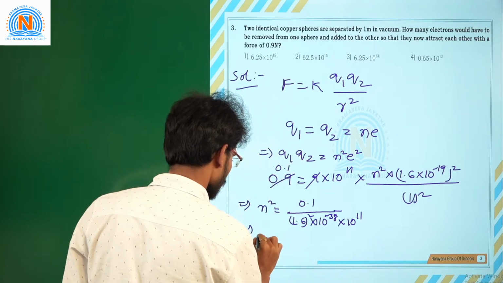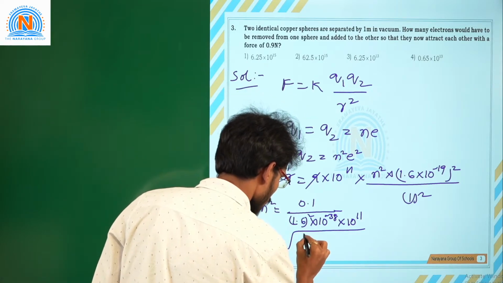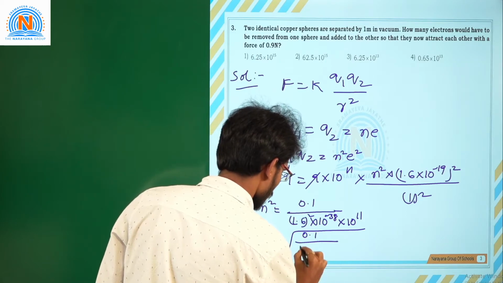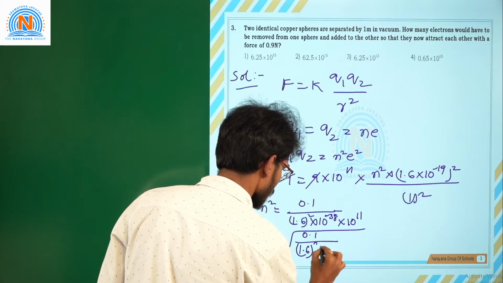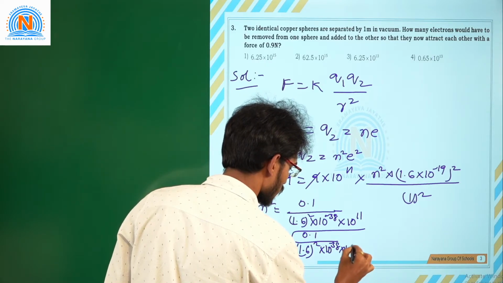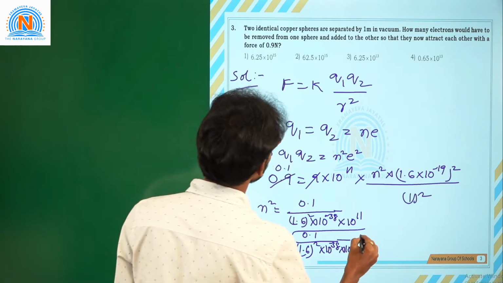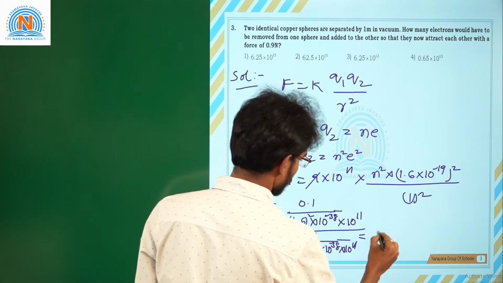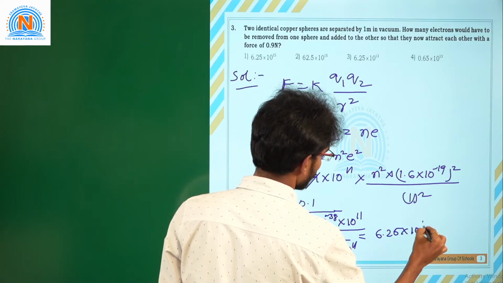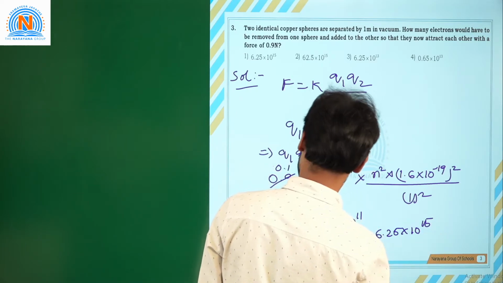Now N is equal to the square root of 0.1 by 1.6 whole square into 10 power minus 38 into 10 power 11. This value is approximately 6.25 into 10 to the power of 15 electrons.